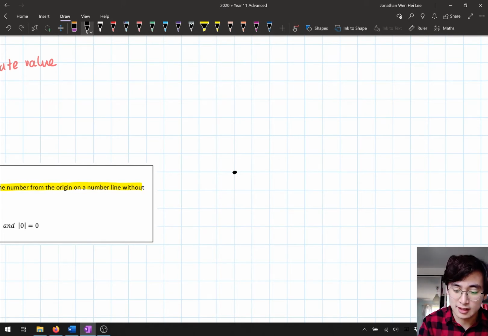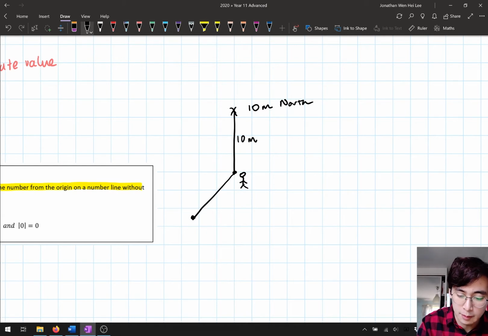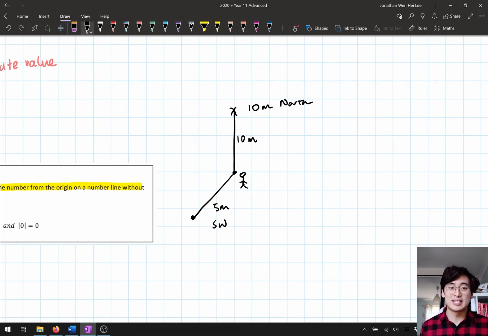So let's say I start out over here and I travel 10 meters this way. Displacement will tell me that I end up at this final spot, 10 meters north or something. Or if I go 5 meters this way, this is 5 meters southwest. So displacement includes a direction.